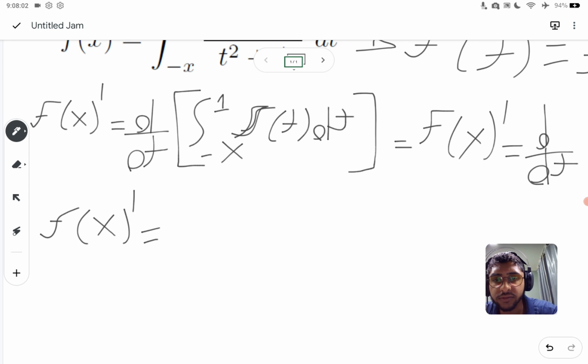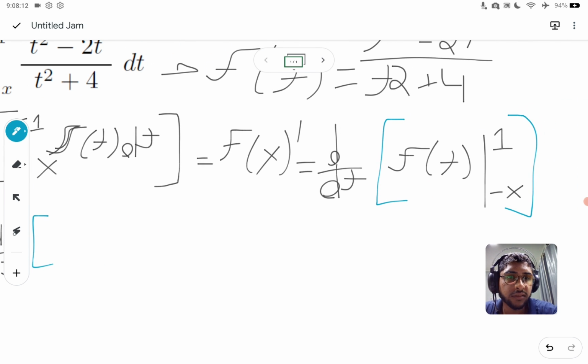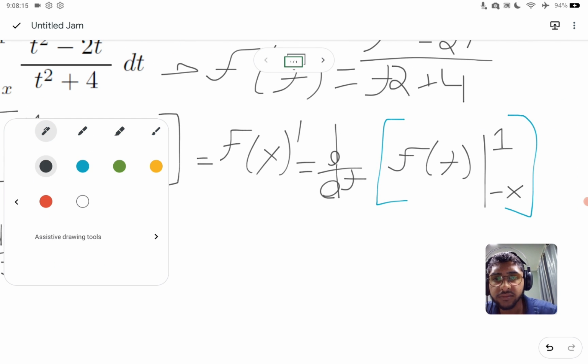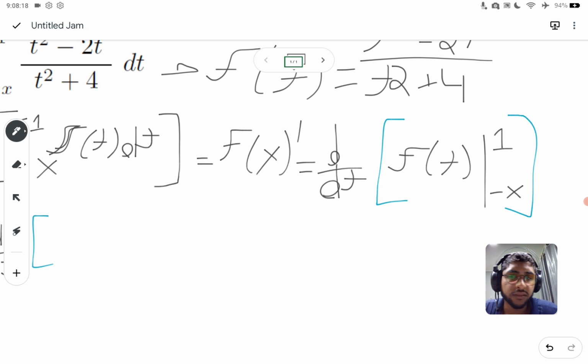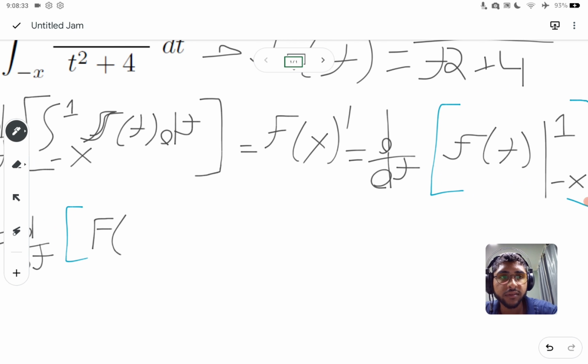F(x) derivative is equal to d over dt of the function inside it. Let's evaluate it first. It's going to be 1 first, minus x. Derivative of F(1) minus F(minus x).